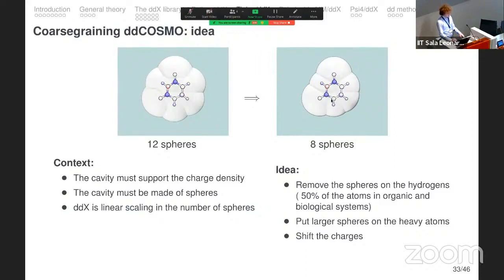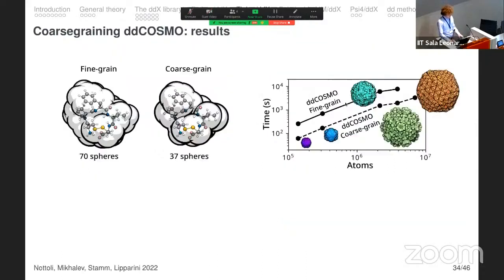This does not really change the accuracy. We did some tests about it, but it makes the coarse graining process much simpler, because we can handle it entirely in Tinker. Our library does not even have to know that coarse graining is taking place, because the input will still be made of spheres and multipolar distributions. So we found it quite nice to push the charges, and we decided to try this.